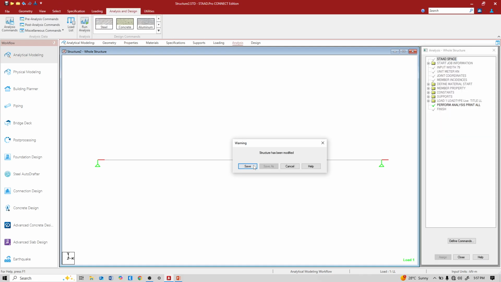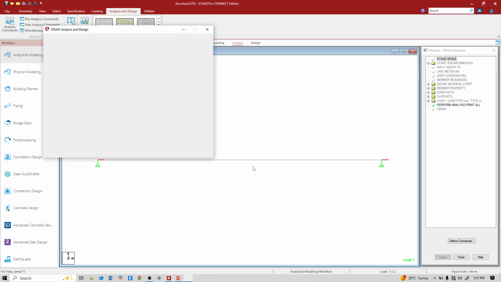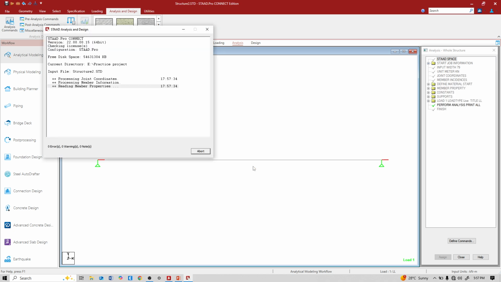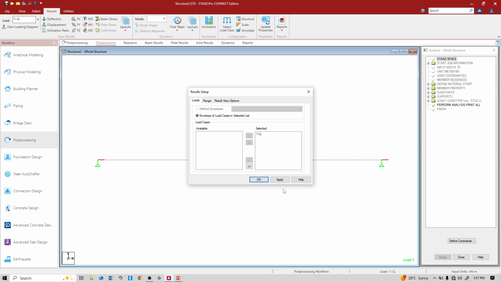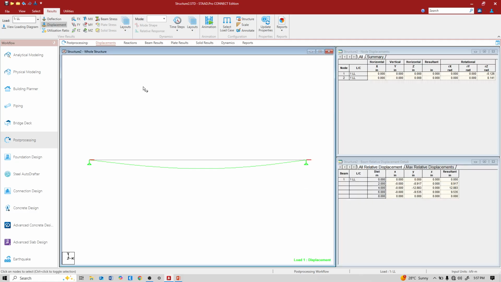Run analysis, save. Post processing, done. Load, live load, apply, okay. So see first movement.